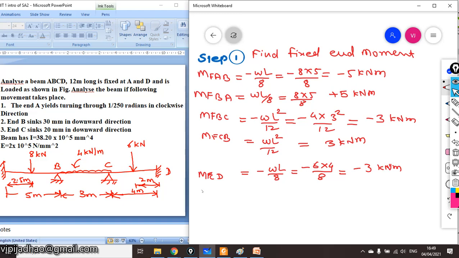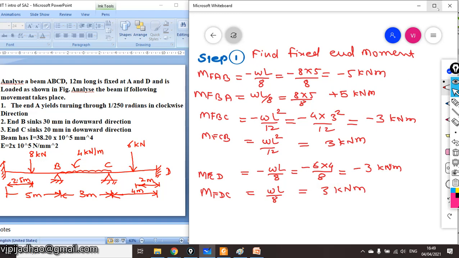MFDC will be equal to WL upon 8, which is plus 3 kilonewton meter. These are the values of fixed end moment.